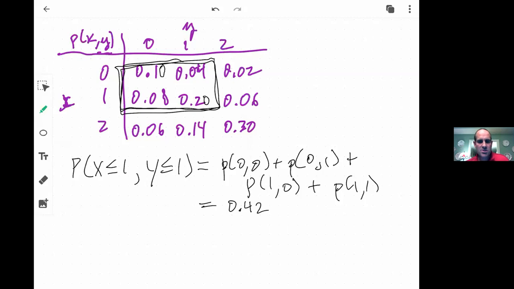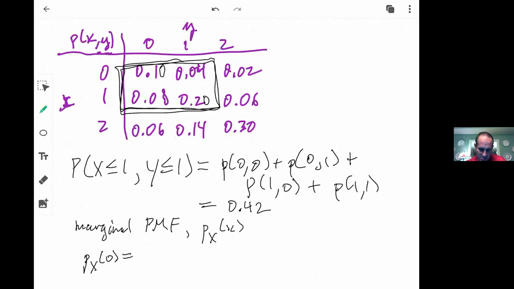The other thing they asked us to do was to compute the marginal probability mass function of x, the marginal PMF, P sub x of little x. So how are we gonna get that? What is P sub x of 0?